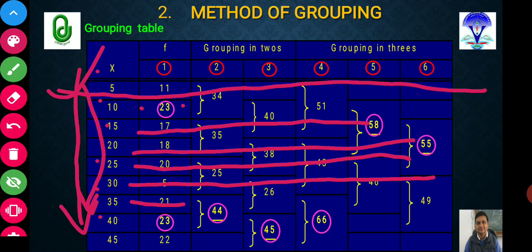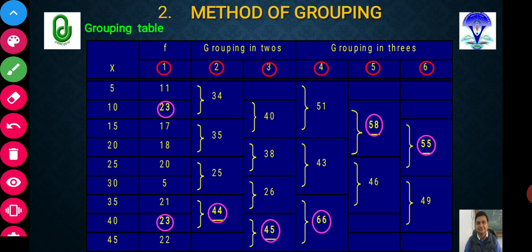In the 7th row, it is 44. In the 8th row, again 23 and 44. In the 9th row, again it is 44 and 66. Here also it is 66, 44. I think it will be clear when we see the analysis table. So we will go to the analysis table again.